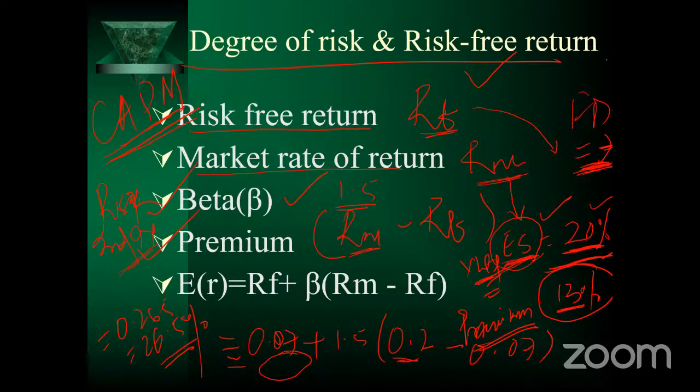So 0.13 into 1.5 plus 0.07. This came 0.265. 0.265 means 26.5%. My expected rate of return. If I am going to invest in equity share of X Limited, then what will be my expected rate of return? That is 26.5%.